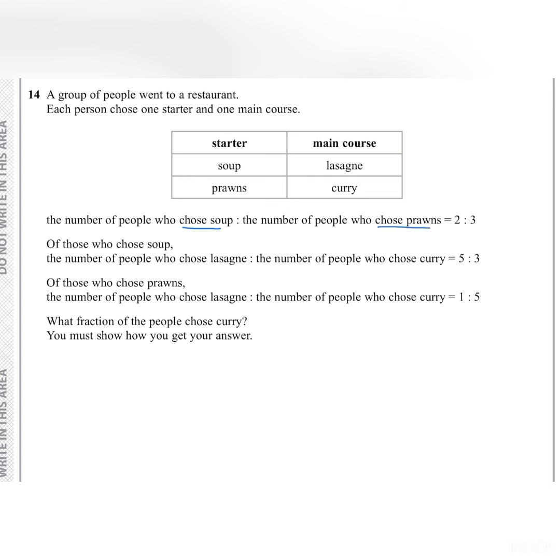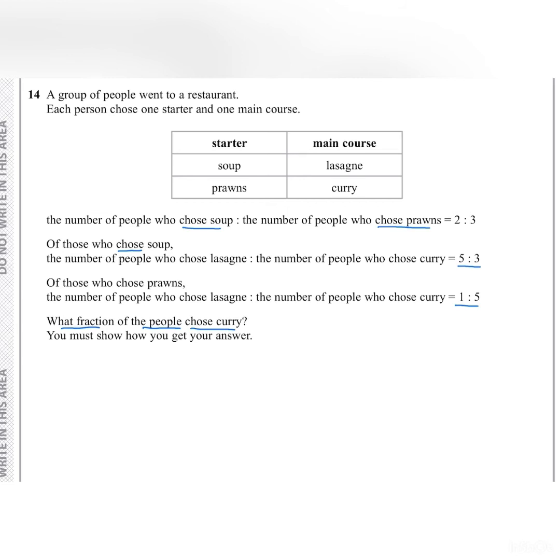And of those who chose soup, the ratio of the number of people who chose lasagna to the number of people who chose curry was 5 to 3. And of the people who chose prawns, the ratio of the number of people who chose lasagna to the number of people who chose curry was 1 to 5. It says, what fraction of the people chose curry?